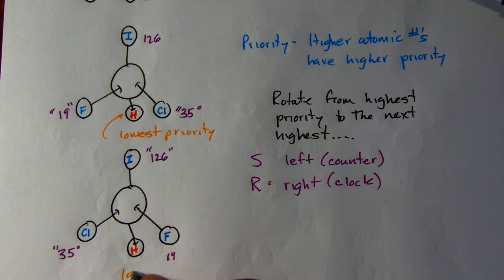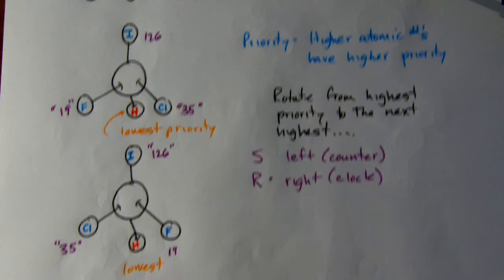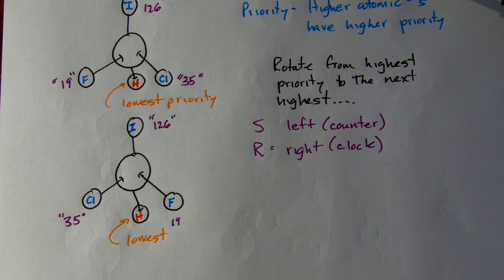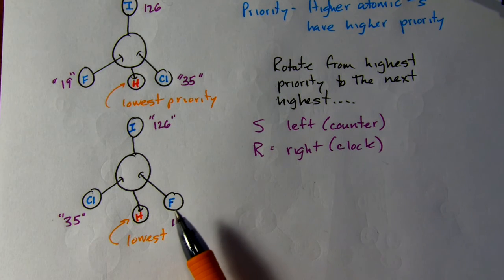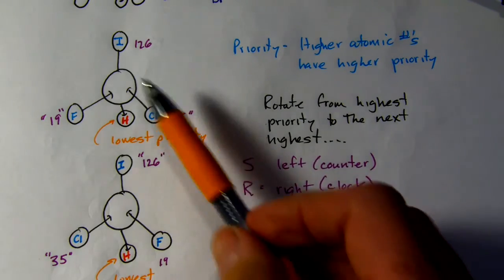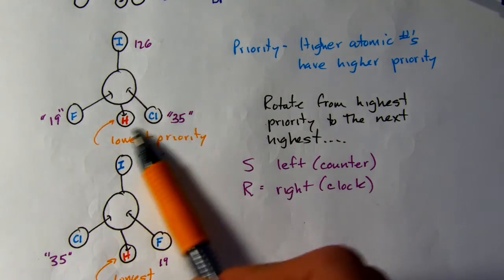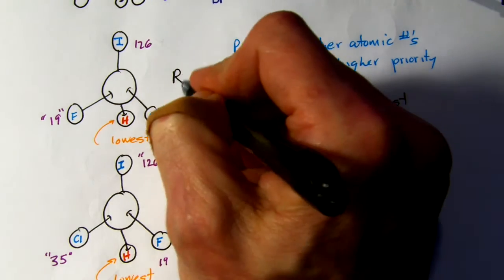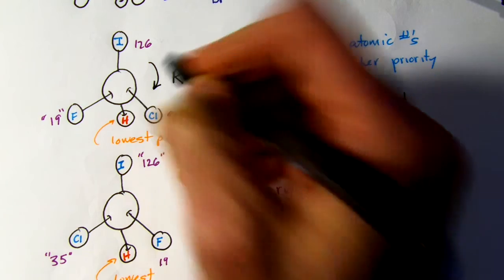So again, this is lowest here, lowest priority. But now let's count from highest to next highest. And if we go up here, when we start with 126 and we go this way, this is what we would call an R designation, right? Because we are going in this direction.